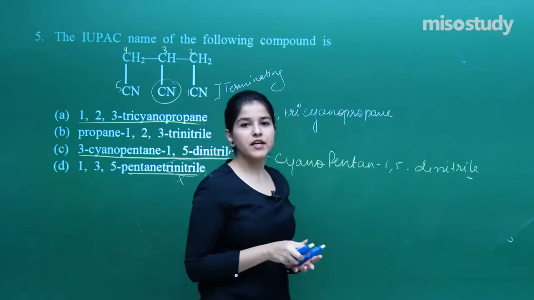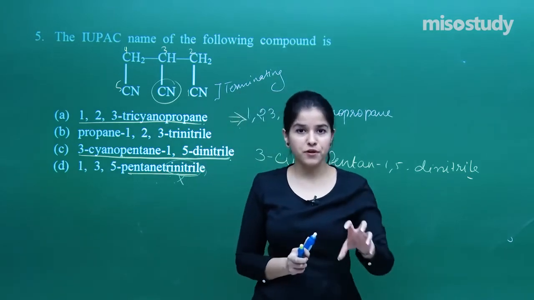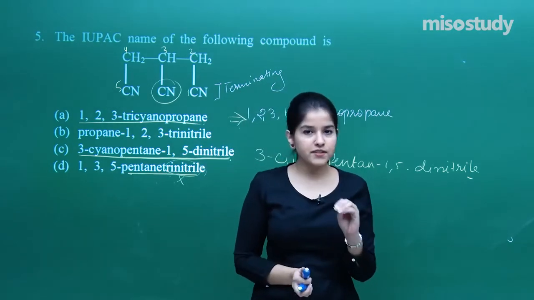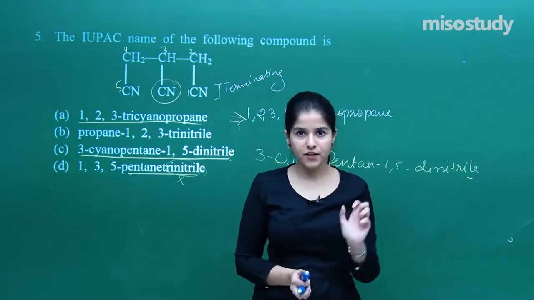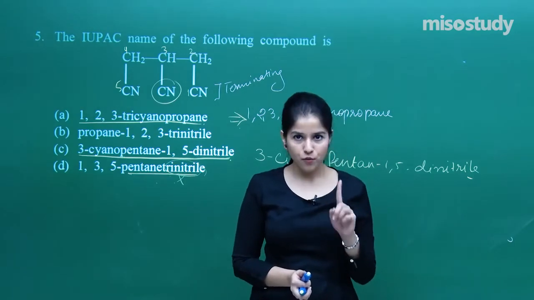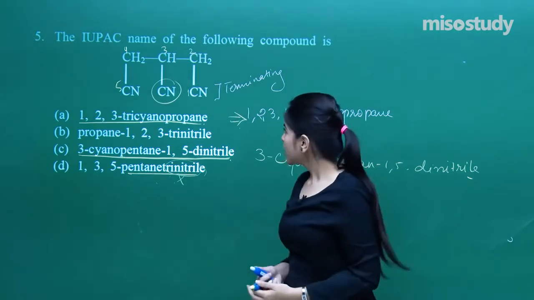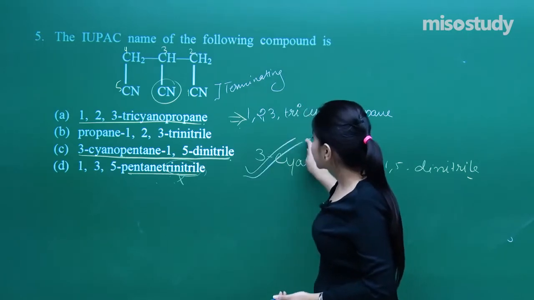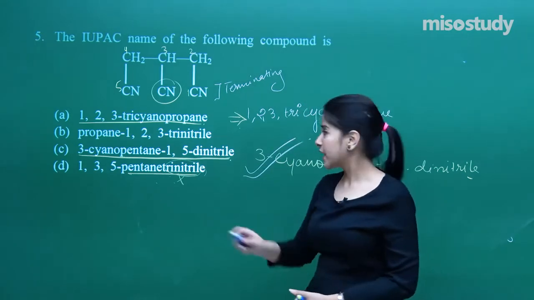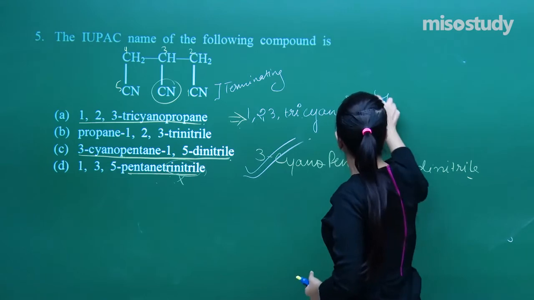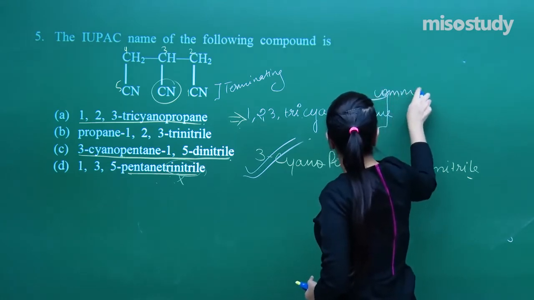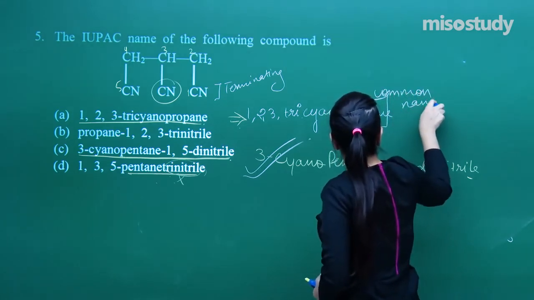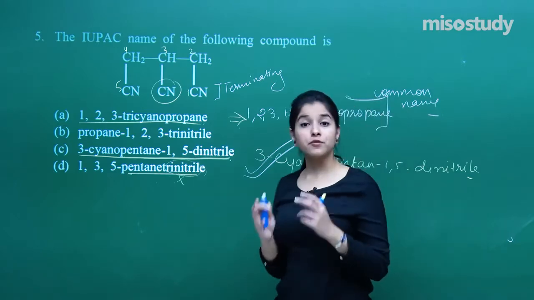If you look here very carefully, the actual IUPAC name must go with the rules. So what does the rule say? If you've got a terminating group, you need to number it as 1 to that carbon atom. So this would be treated as the main IUPAC name, and this is nothing but a sort of common name to it. So that is a common name, not a proper IUPAC name.